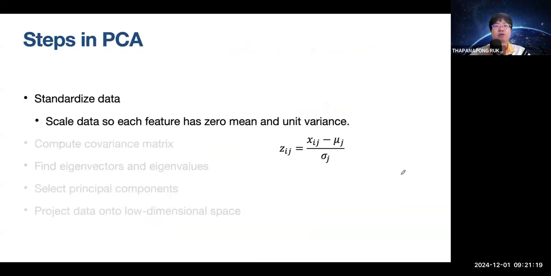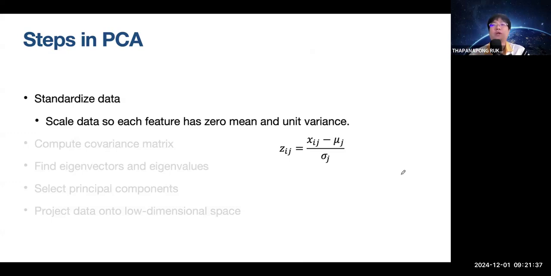So how can we do that? PCA has 5 steps. There is a library that will do all 5 steps for you, but it's important that you understand what each step in the PCA does.